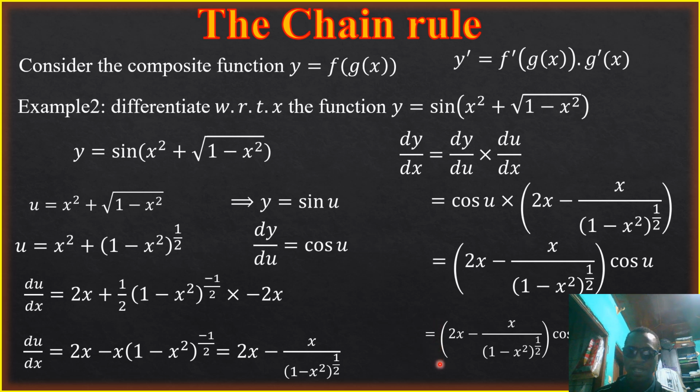So my dy/dx is equal to minus x over 1 minus x squared raised to the power half, times everything multiplied by what? Cosine of what? x squared plus 1 minus x squared, all raised to the power half. Or if you wish, you can just copy this and put it. It's the same thing. So that's the end of it.